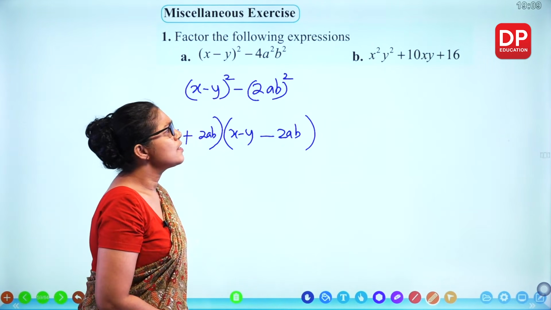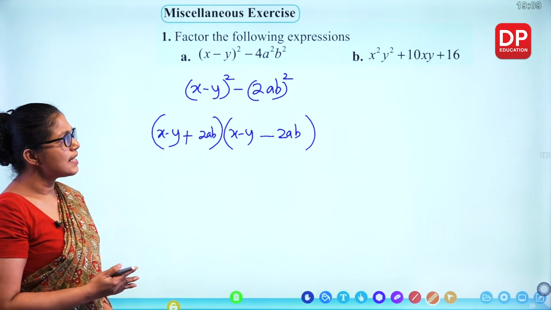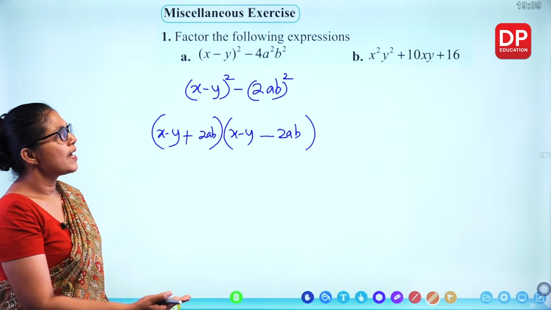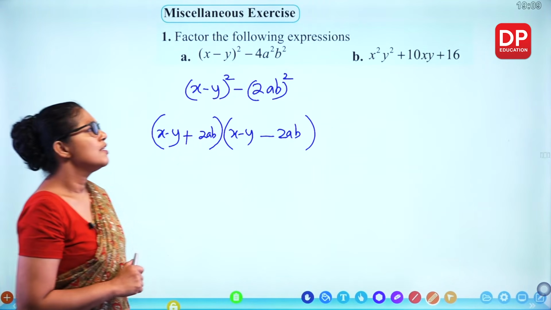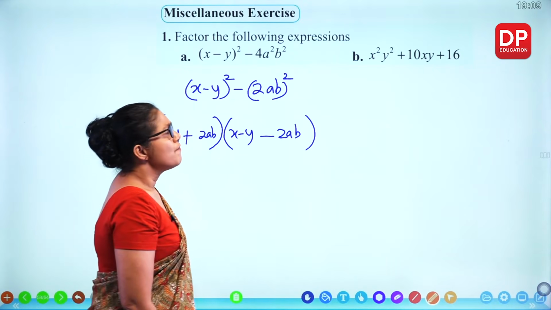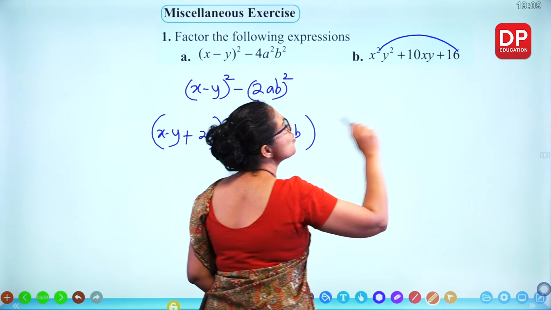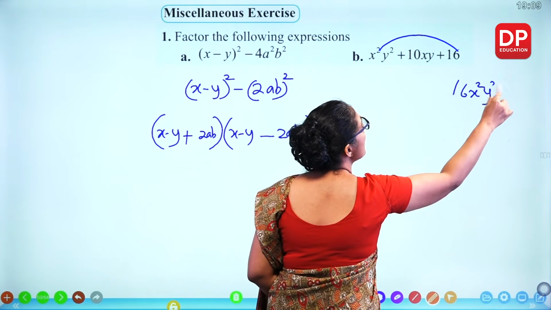Now look at this one. This is not two terms. You get three terms, square term, xy term, and a constant. So this is a trinomial. So how do we factorize trinomials? You multiply these two. What do you get? You get 16x squared y squared.